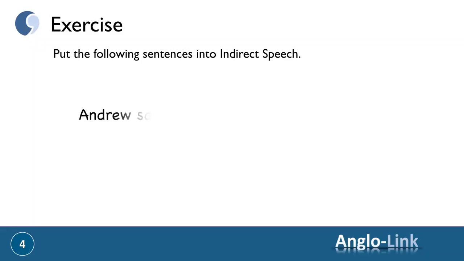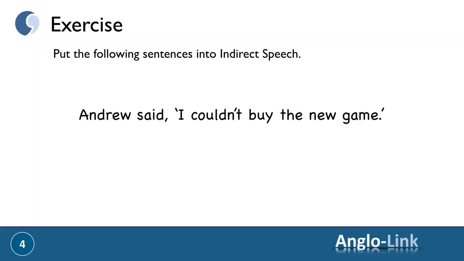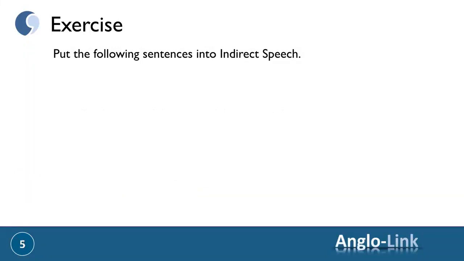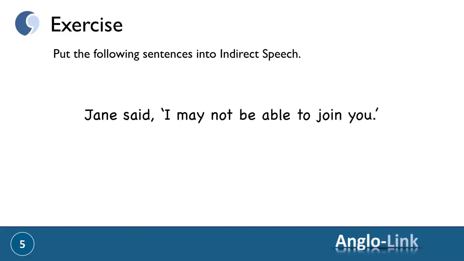Number 4. Andrew said, I couldn't buy the new game. Andrew said that he hadn't been able to buy the new game. Number 5. Jane said, I may not be able to join you.